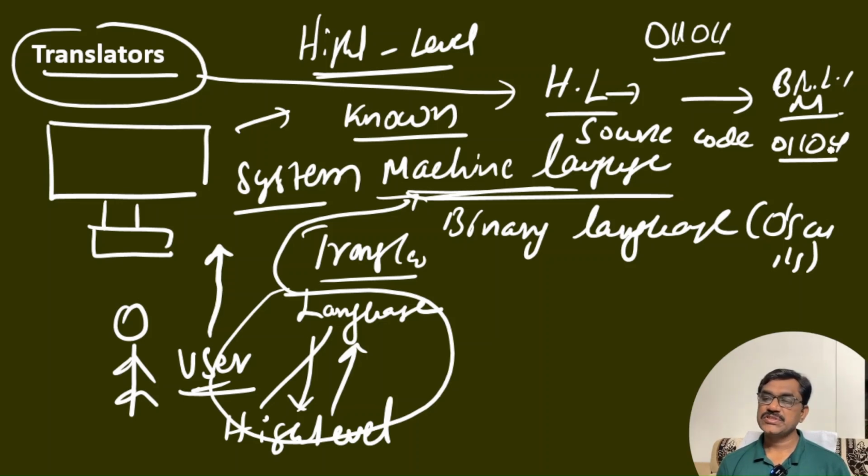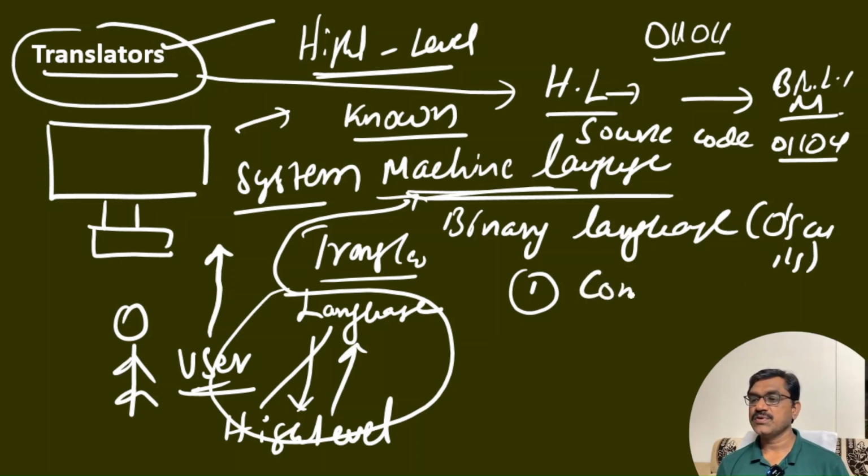For this conversion purpose, we use the concept of translators. Already in the previous classes, we discussed that when we use the concept of a compiler for compiling the source code into executable code, those languages are known as compiled languages.